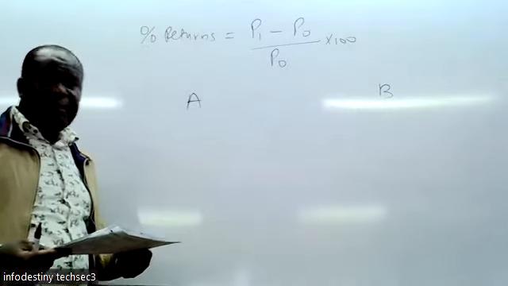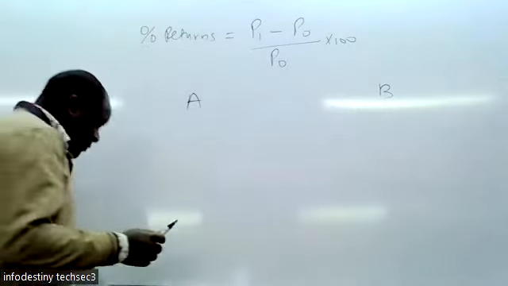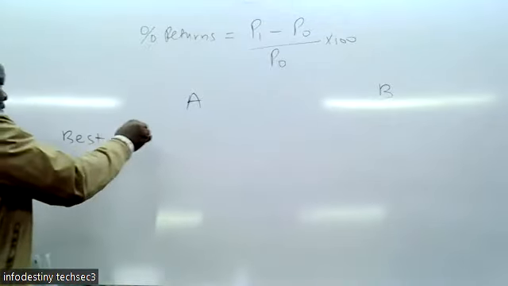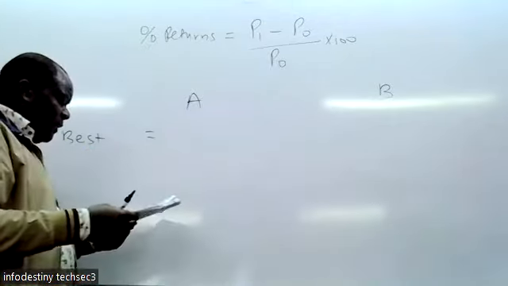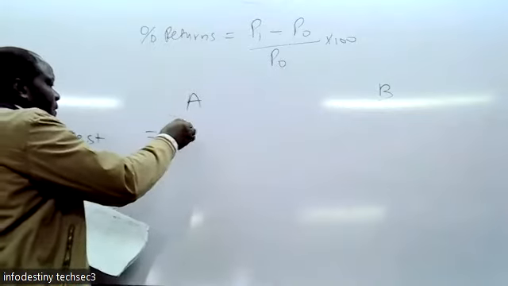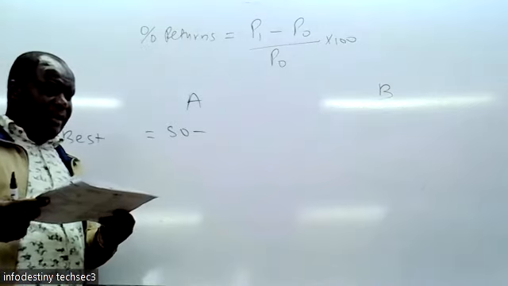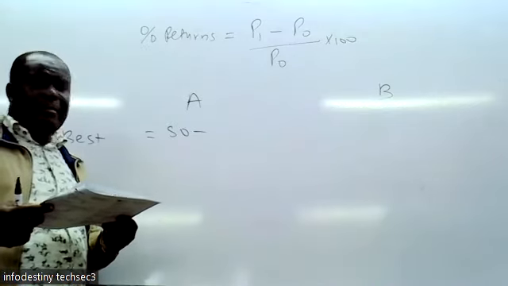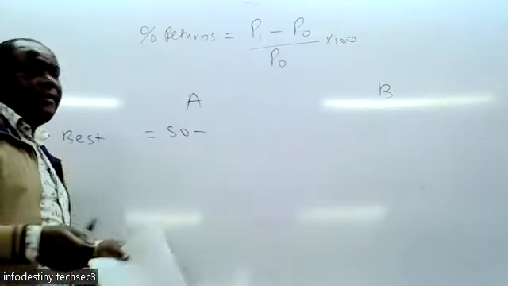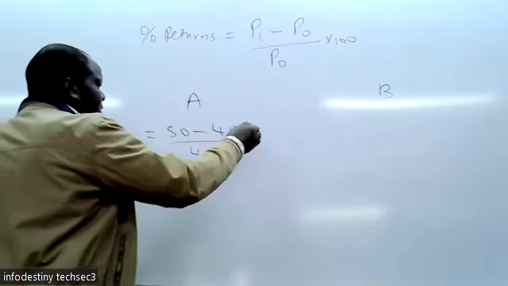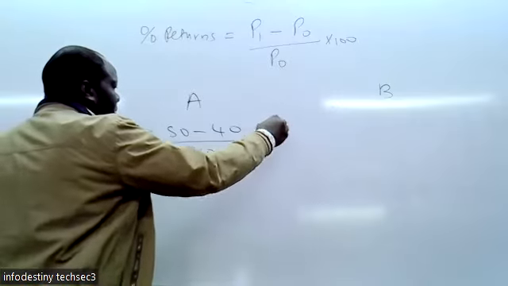The first one is best. So we start with best. You can see the share price for A is 50. Then check in the first paragraph, the shares are currently selling for how much? A, 40. So you minus 40, divide by 40, and express it as a percentage.